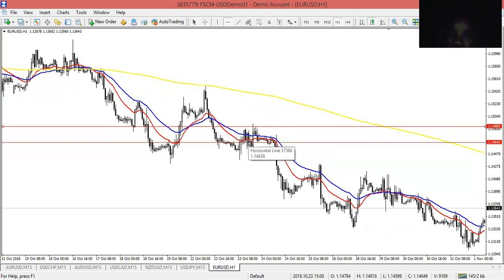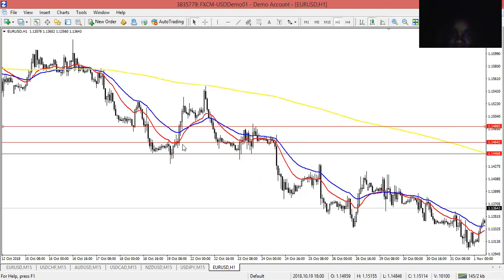But sometimes I don't do that. Sometimes I wait for the candlestick to fall below the previous low before the pullback. Do you understand?